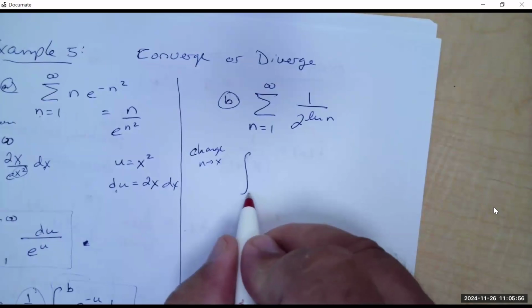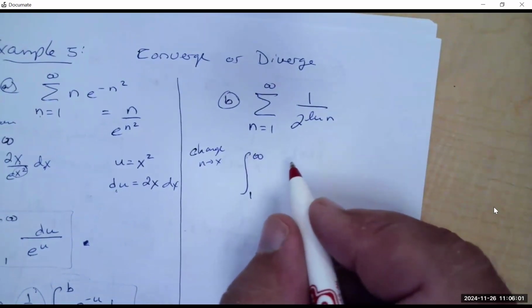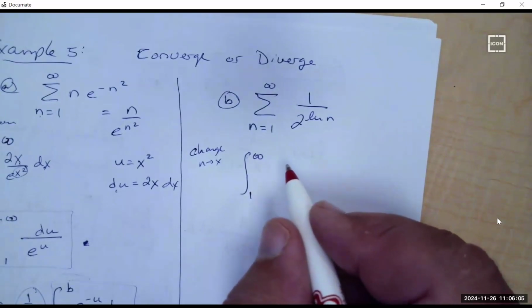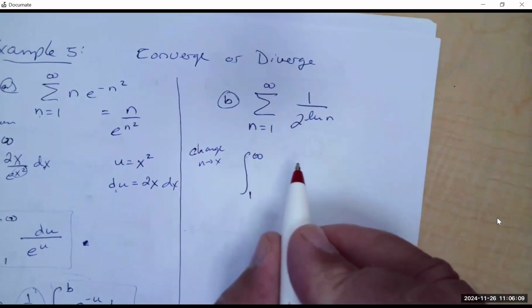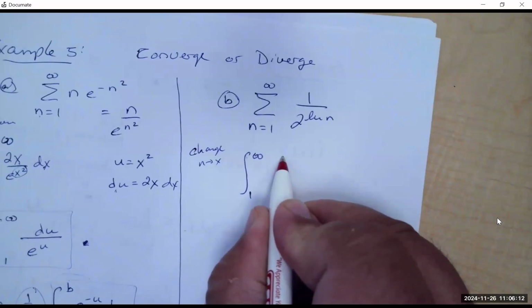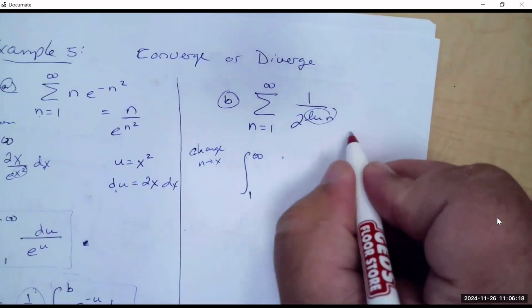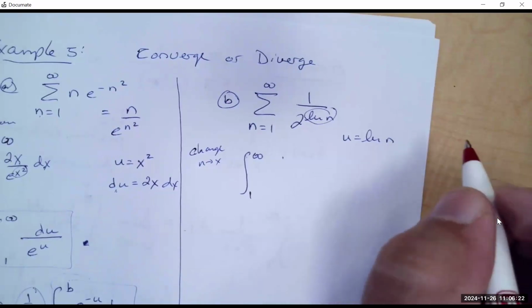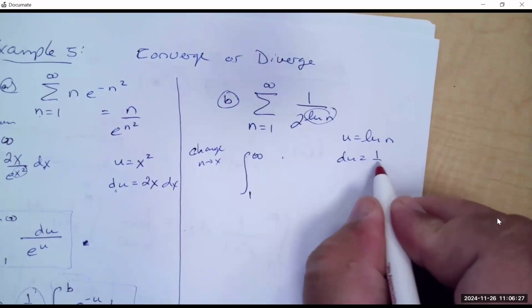So we have the integral from 1 to infinity. So we have to use substitution. That's going to be u is ln n, du is 1 over n.